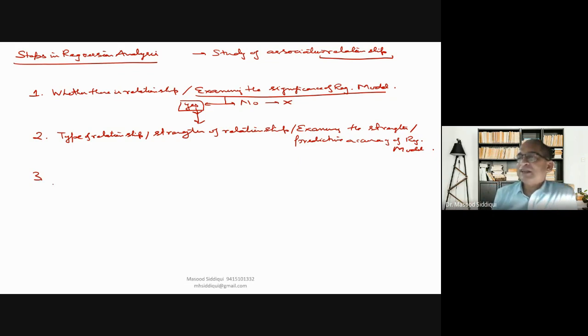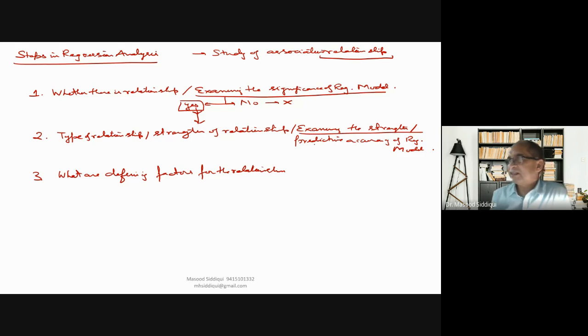So we examine what are the defining factors for the relationship. Technically, this is known as examining what are the significant predictors.